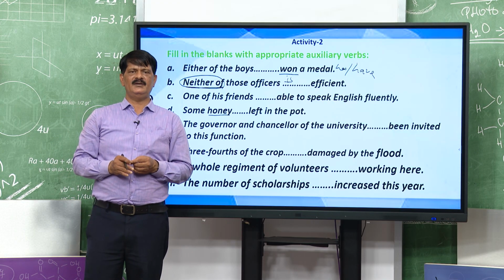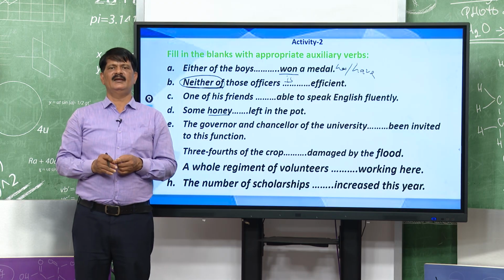A whole regiment of volunteers is working here. The number of scholarships has increased this year. Whether it is has increased or have increased, it is for your better understanding, it has increased this year.